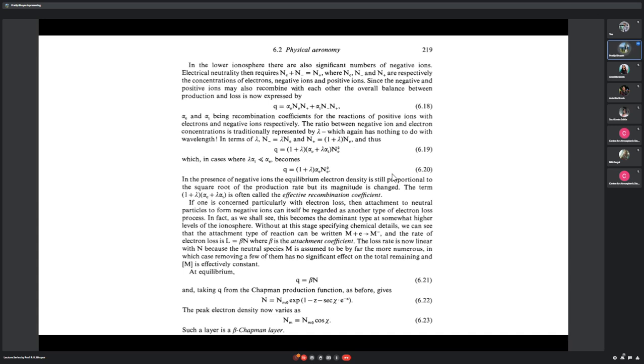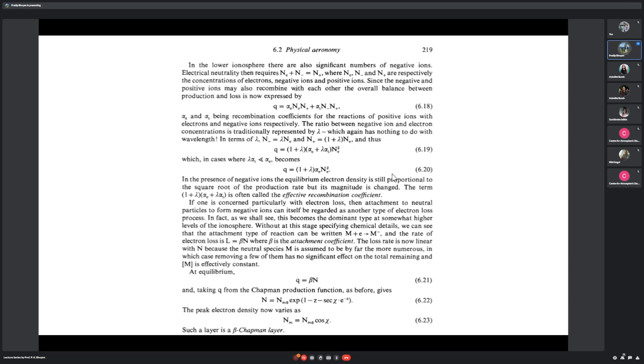Here, Q was alpha N square, where alpha is the recombination coefficient and N is the number of ions or electrons. But here, because you have both ions and electrons negatively charged, the equation is modified.